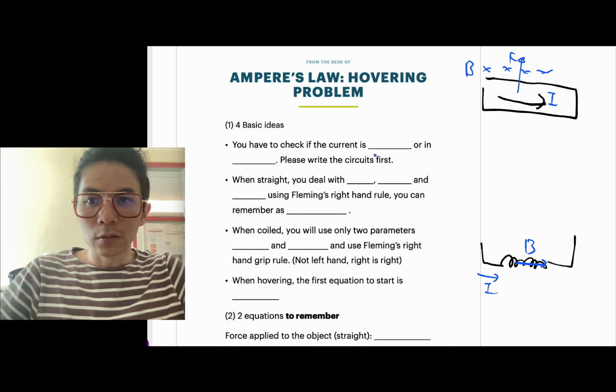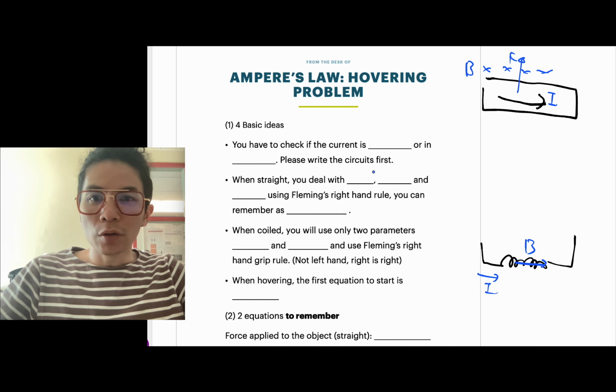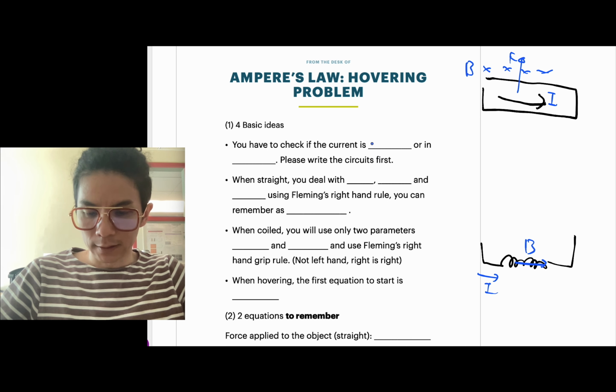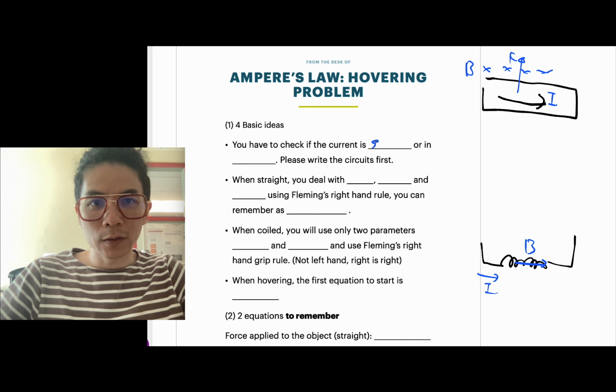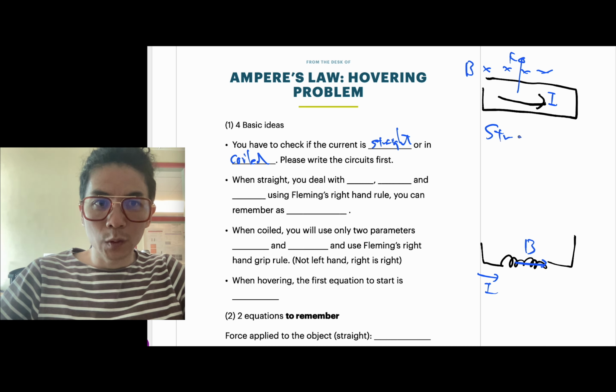So first of all, when you face a problem like this, the first thing you have to do is check if the current is straight or coiled. What I meant by this is, this is the straight one, and this is the coiled one.